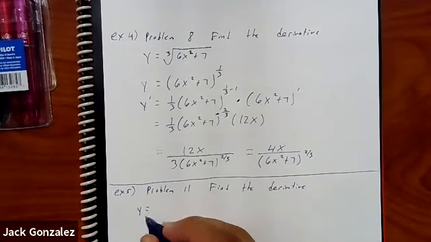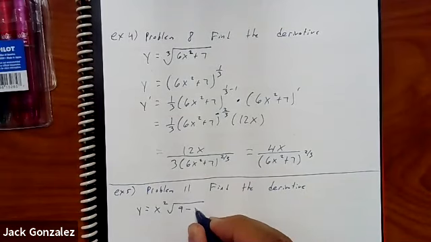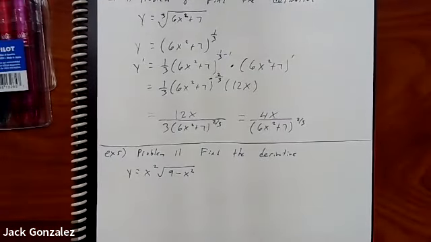So y is equal to x squared times the square root of 9 minus x squared. On this one, as you're doing the product, you're going to have to do a chain.